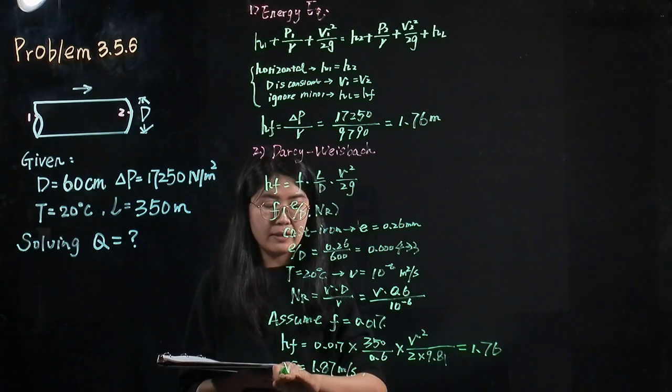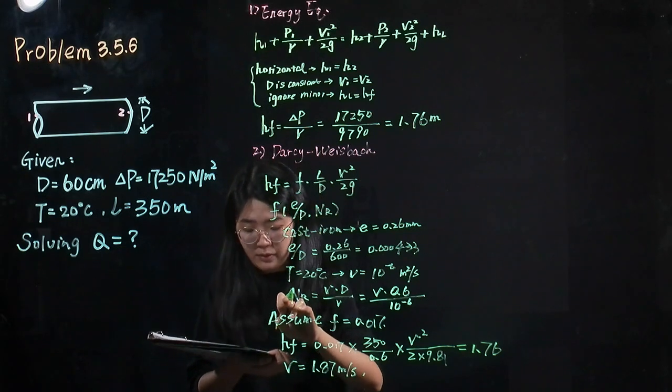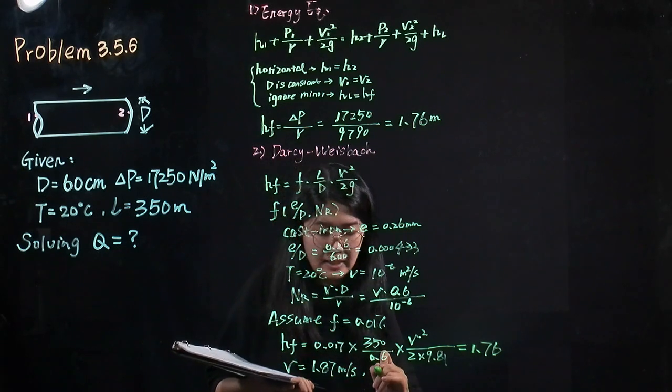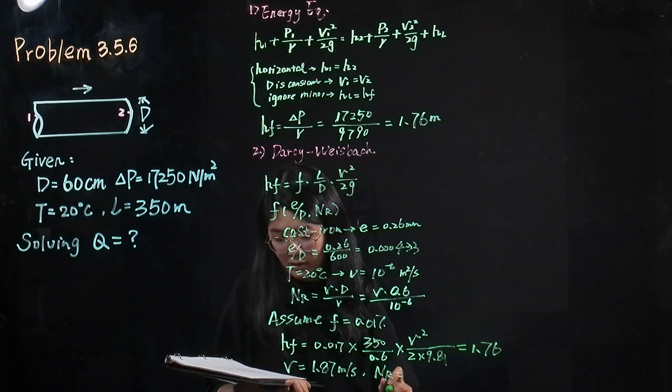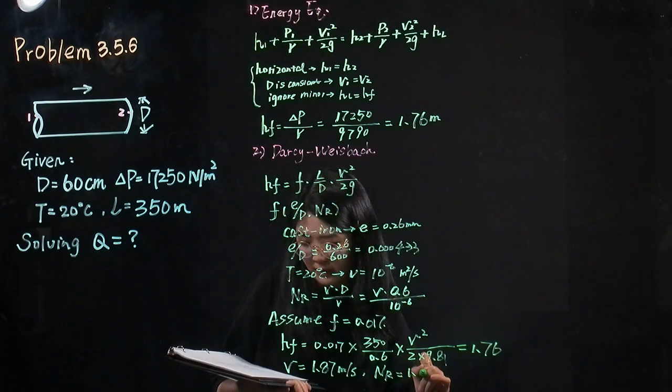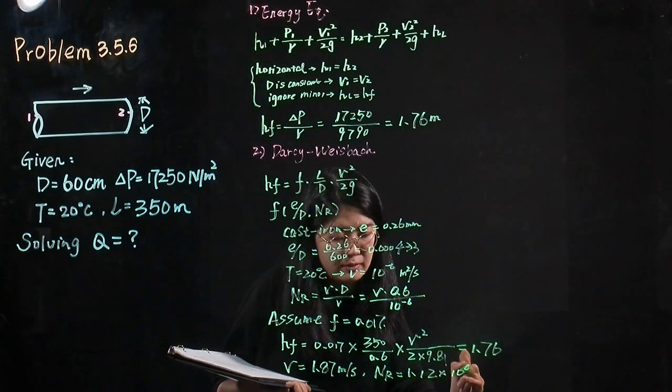And we can bring this value back into the Reynolds number equation. Then we get the Reynolds number, which is equal to 1.12 times 10 to the power of 6.